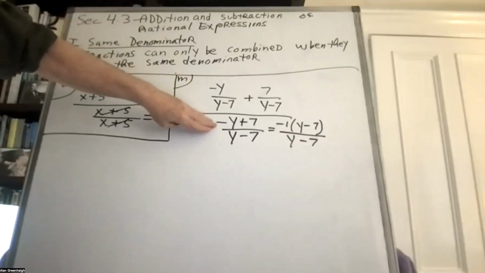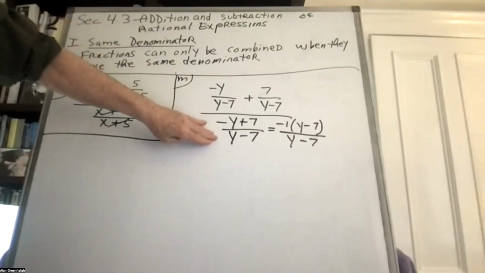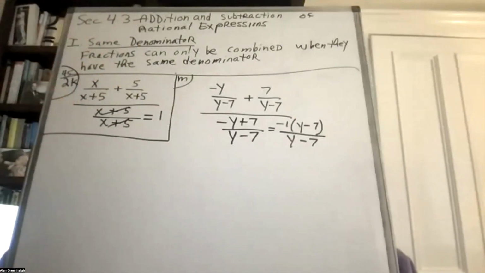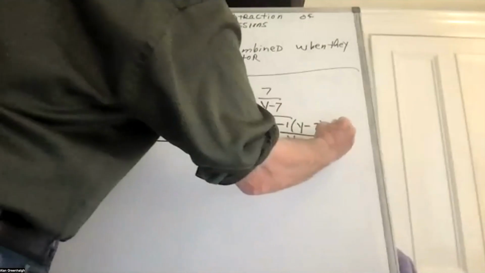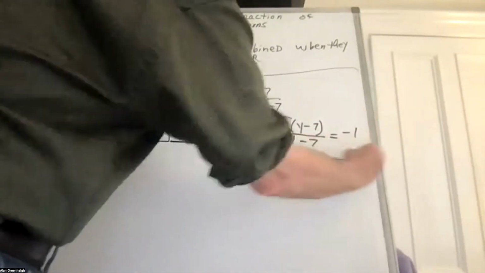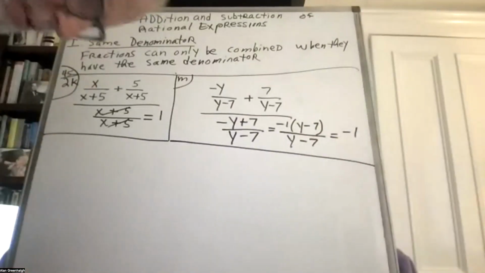Okay, this is one of the first things we did way back when we first started doing reducing fractions. And therefore, the answer to this problem is negative 1. Okay?